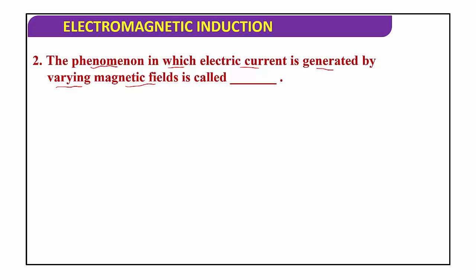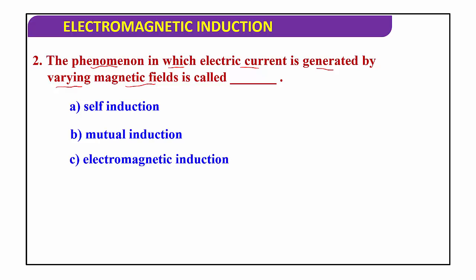Options: the first one, self-induction. Option B, mutual induction. Option C, electromagnetic induction. Option D, none of these. Which is the right answer? Observe the definition. The phenomenon in which electric current is produced by changing magnetic field is called electromagnetic induction.